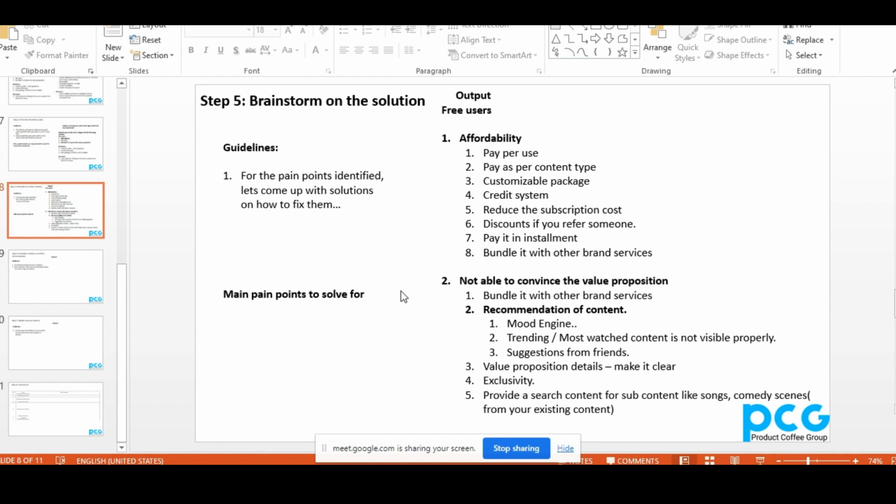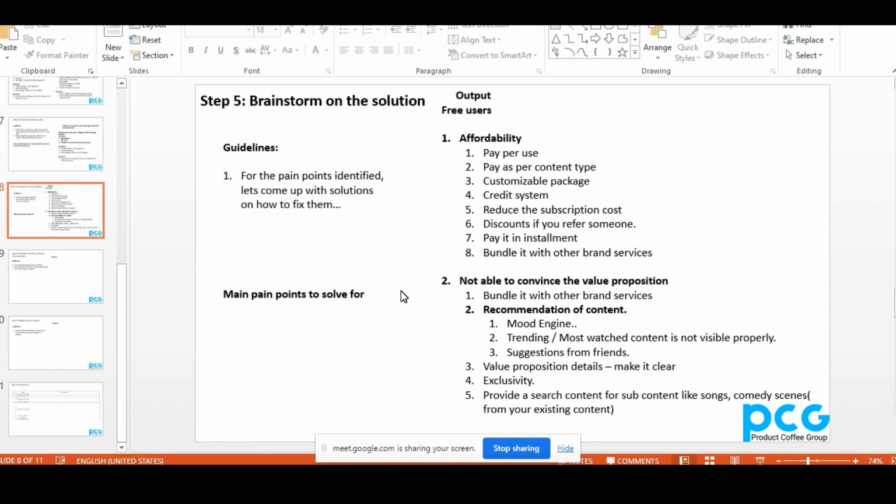Yeah, so I think the list looks really good. Affordability, I think it's a great list. The way I would also do it is think of different ways in which I can slice. You want to give the user eventually the content that he wants to watch. Maybe he's not interested in your entire offering.